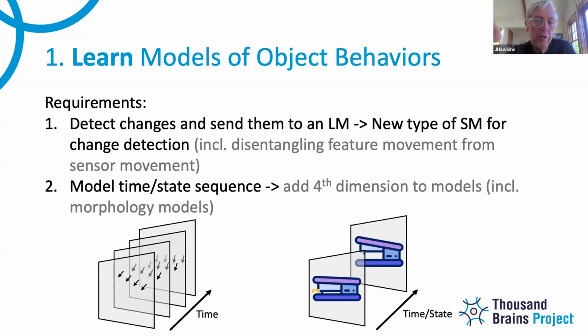We have these two learning modules. One's focusing on changes, and the other is focusing on static features. They both can learn sequences, but the sequences in the morphology model are not flow. It's not movement. If things move, the morphology model doesn't know about it. It's when they stop moving that the morphology model says, oh, here's what it looks like now.